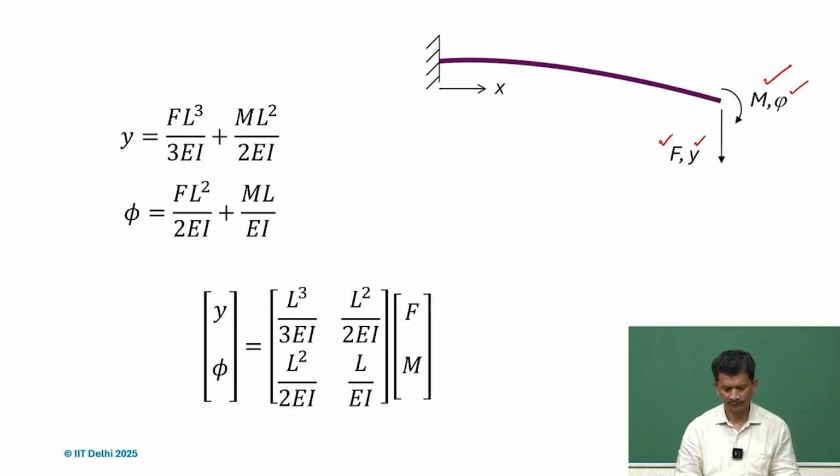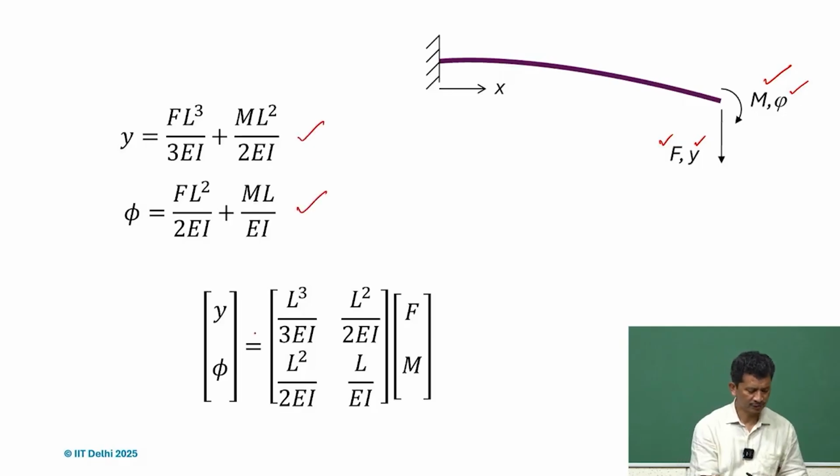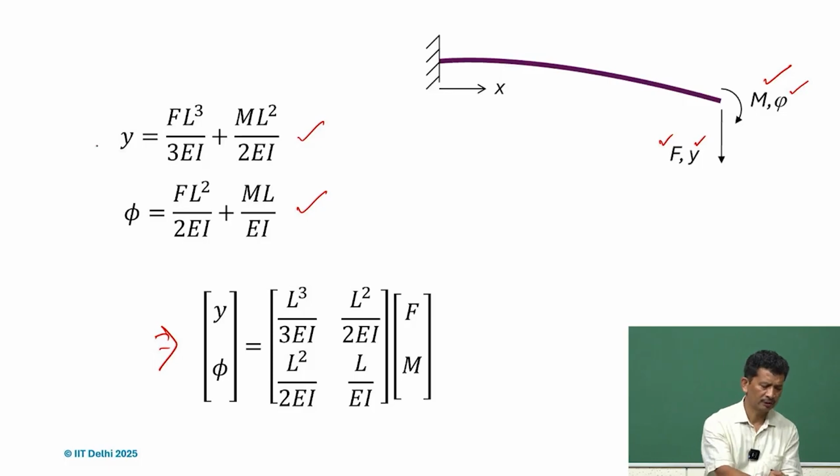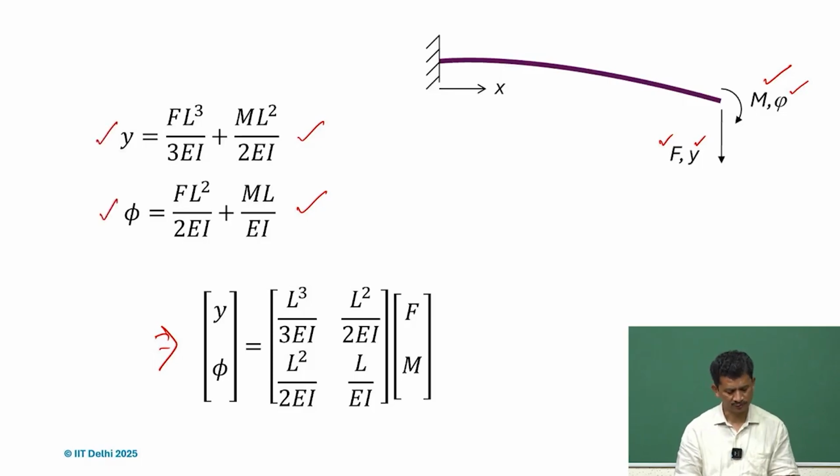So we derived the relationship between the forces and the displacement, and at the tip these are the deflections, and we can also write it in matrix form here. We may be referring to these equations wherever required. So just remember force and moments, and then deflections y and phi, the angular deflections we are talking about.